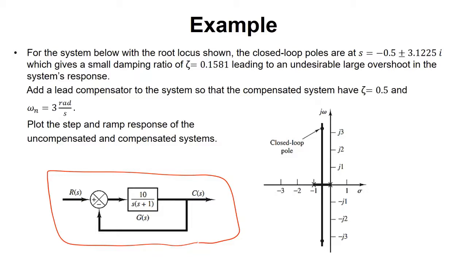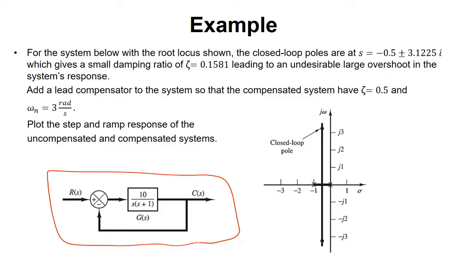Low damping ratio means what? Large overshoots, right? I don't like it. I don't want this system to show big overshoots. So you add a lead compensator to bring the damping ratio up to a bigger number, so bringing down the overshoot, and also do not use the small omega n, make the omega n bigger so that the settling time is also good, right? See if you can do it.